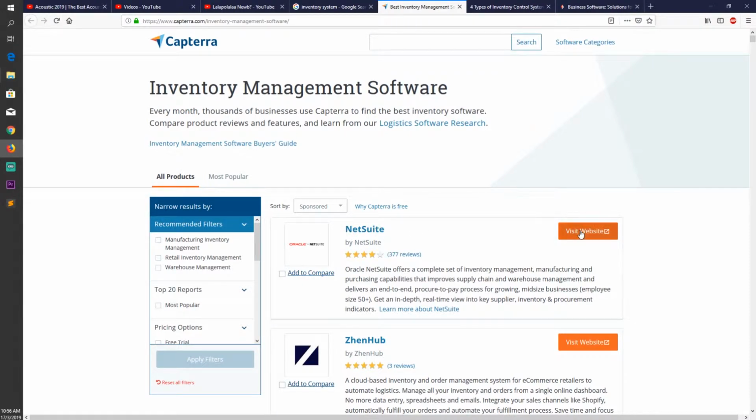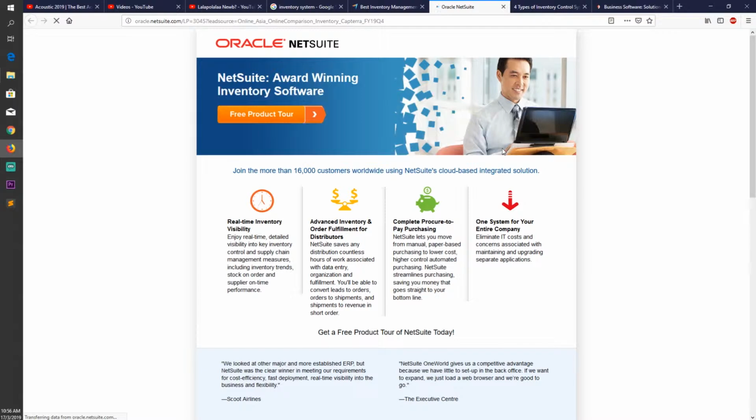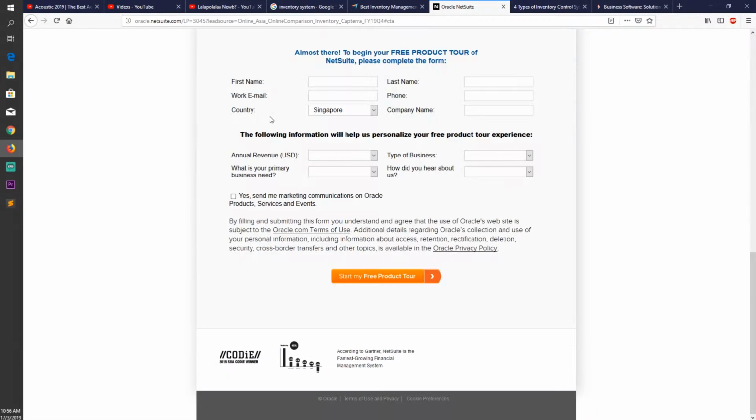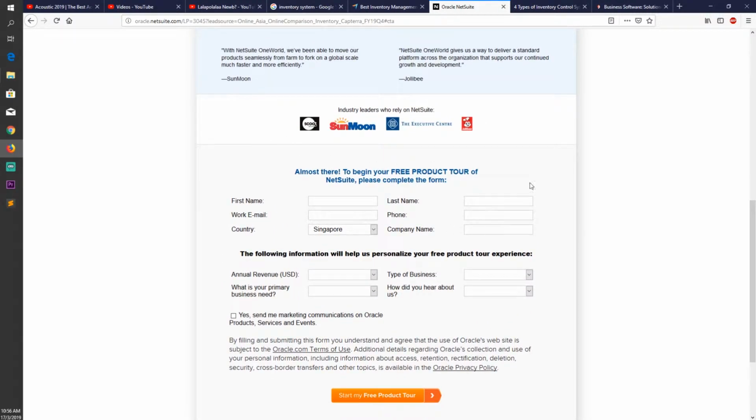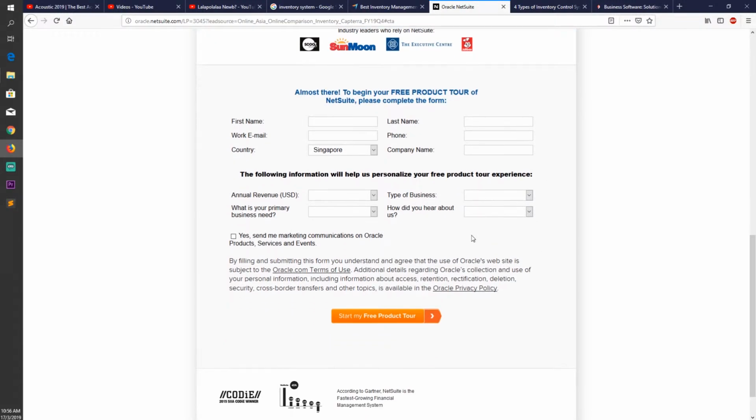So let's say if I go with NetSuite, let's see if they provide a free product tour, but you have to fill out all these requirements first in order to see the product tour.